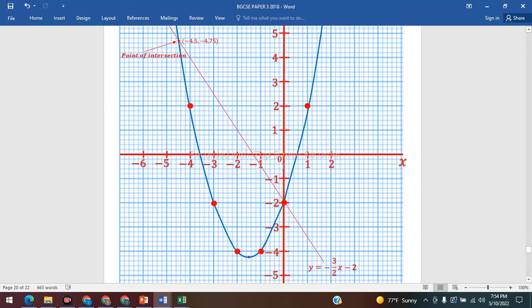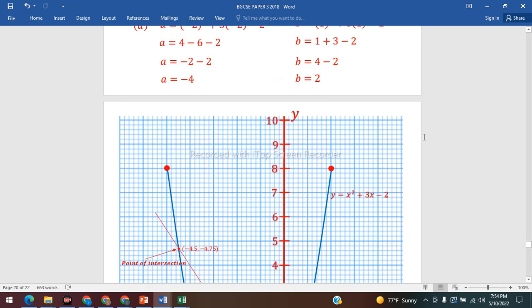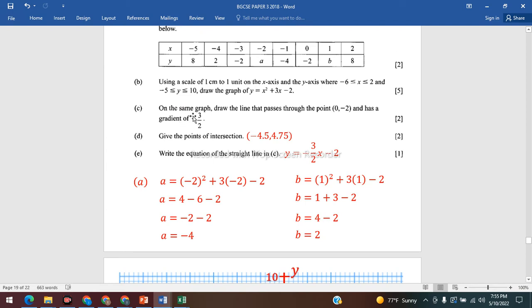Was the 3/2 given to you? Yeah, that's what they said. They said it has a gradient of negative 3/2. So that was given.